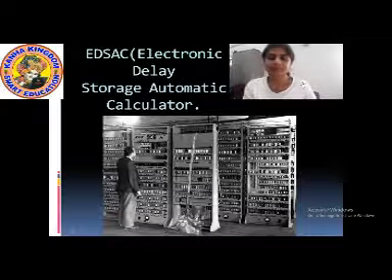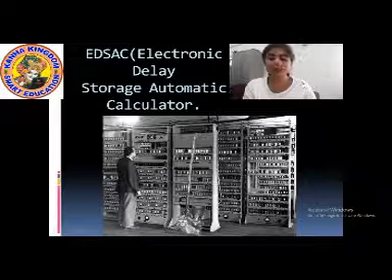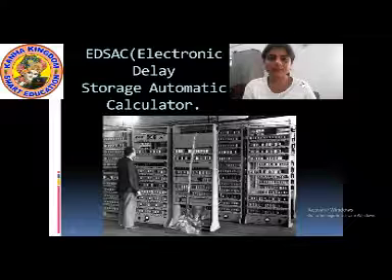Can you see? It is also a huge computer with many different parts in it. Now let me tell you about EDSAC and about its features.